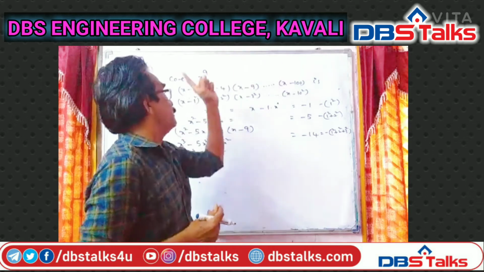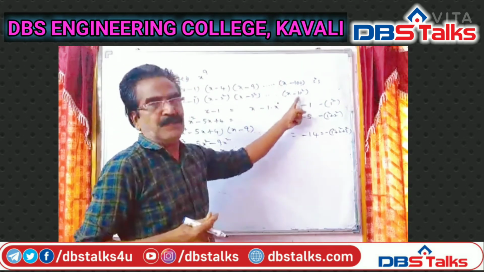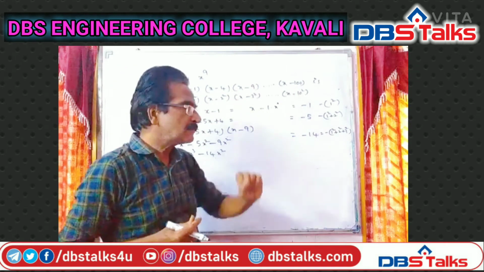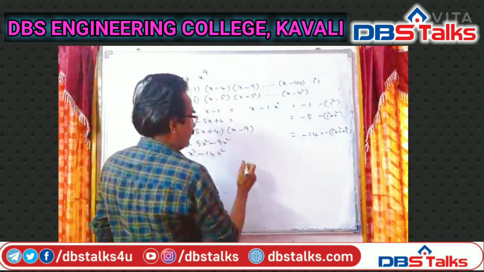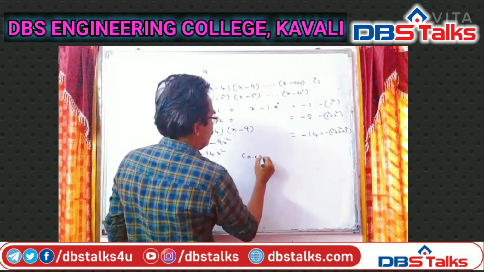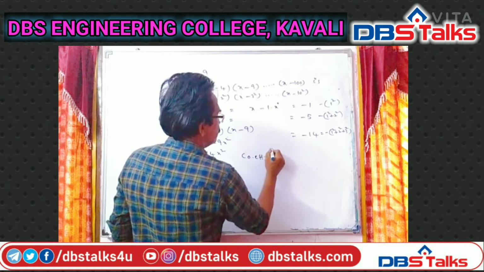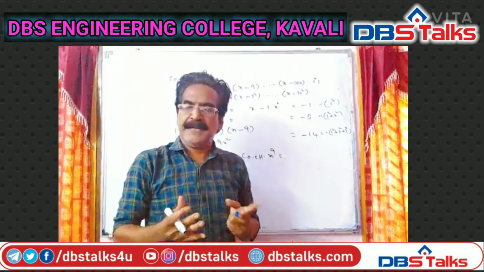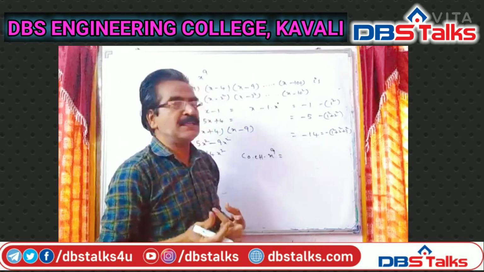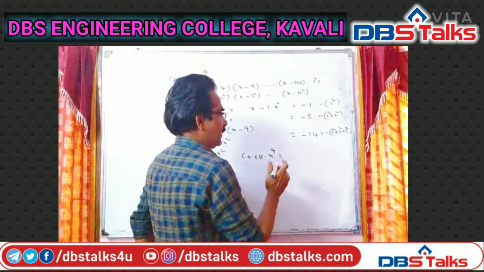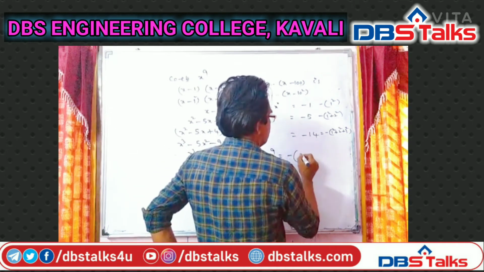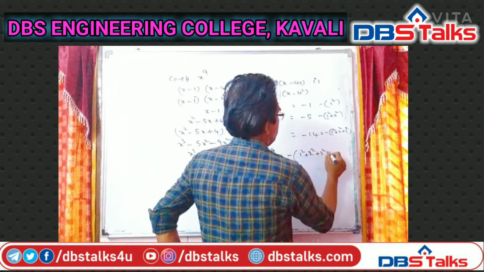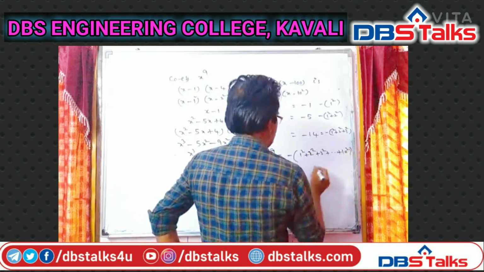So in this product, here there are only 10 terms, friends. In this product, the coefficient of x power 9 is minus of 1 square plus 2 square plus 3 square plus so on up to plus 10 square.